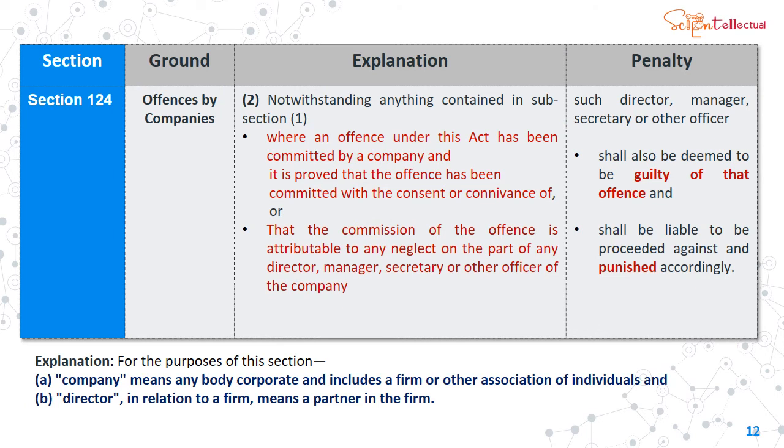Section 124, subsection 2. Regarding offences by companies, notwithstanding anything mentioned in subsection 1, where the offence has been committed by a company, and it is proved that the offence has been committed with the consent of, or that the commission of the offence is due to the negligence of, any director, manager, secretary or other officer of the company, then that director, manager, secretary or officer will be considered guilty of the offence and punished accordingly.